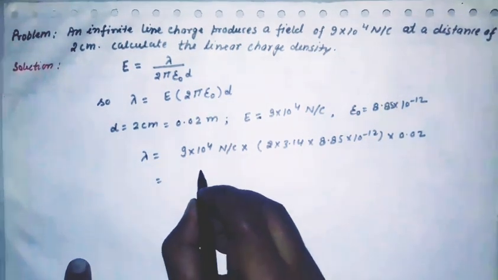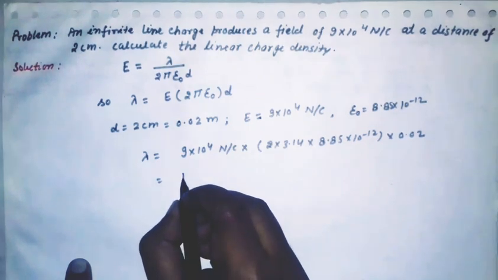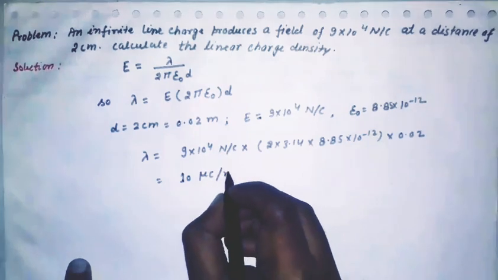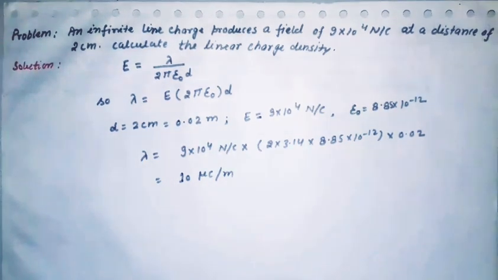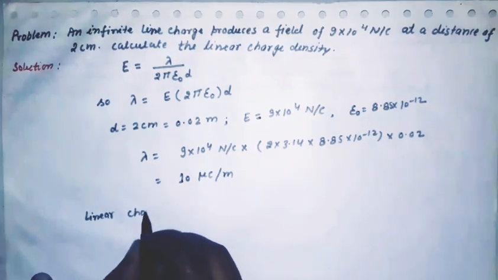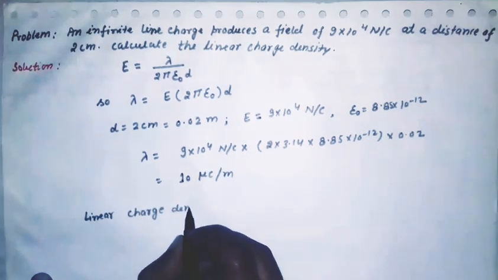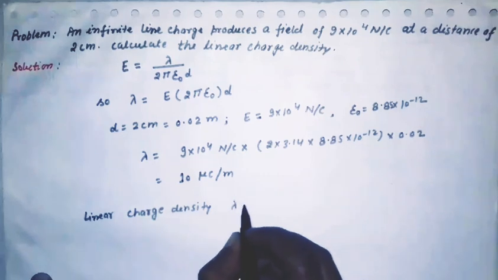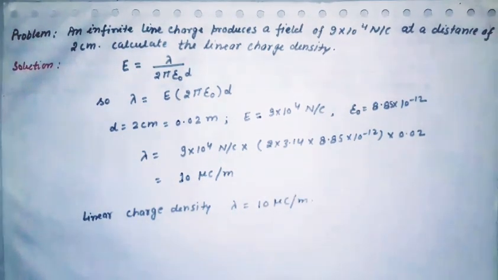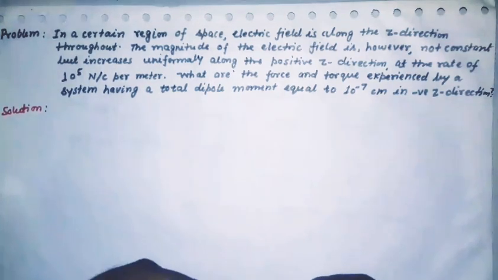Doing all these calculations, we will get around 10 microcoulomb per meter. So the linear charge density is 10 microcoulomb per meter.